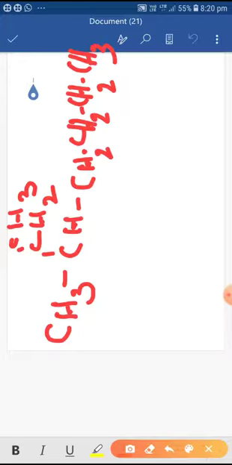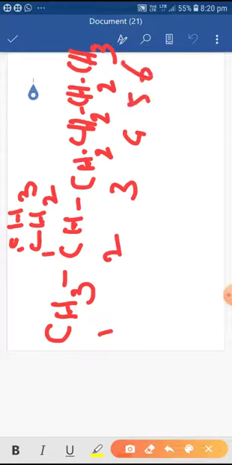First you want to choose the longest chain. Here there is no functional group, no double bond, no triple bond, but there is a substituent, and you want to give it the least number. If you start numbering here, you get only 1 2 3 4 5 6, but you want to choose the longest chain. You can start the numbering from the other end too.